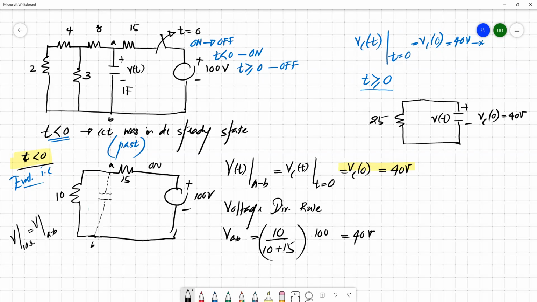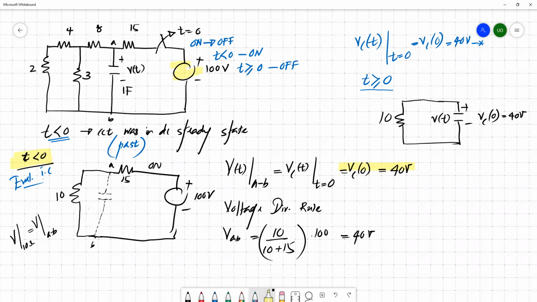Sorry. Once we consider the t greater than or equal to 0 scenario, this switch is basically in the off state. So the source in the circuit is basically removed from the circuit because there won't be any impact, since this is open.